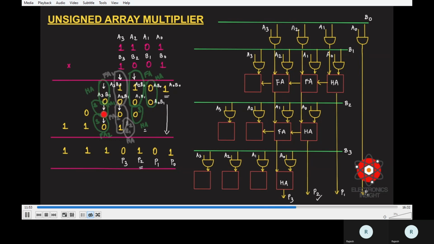You can just analyze this diagram for a certain time. A3, A2, A1, A0 and B3, B2, B1, B0 are multiplied and each of the product terms are written, and each product term is added to get P7 to P0.